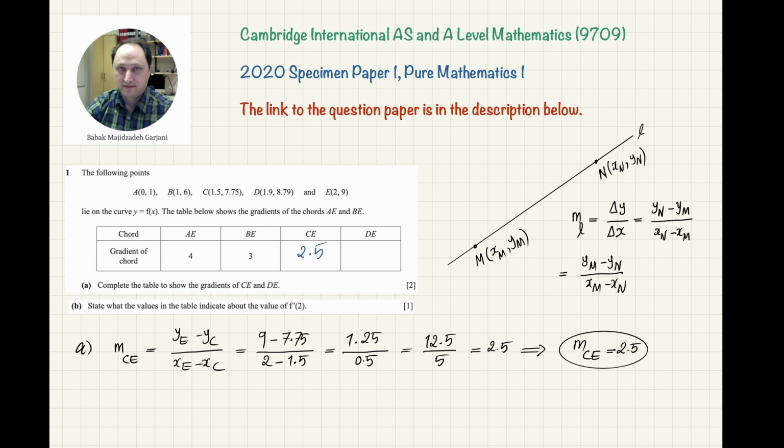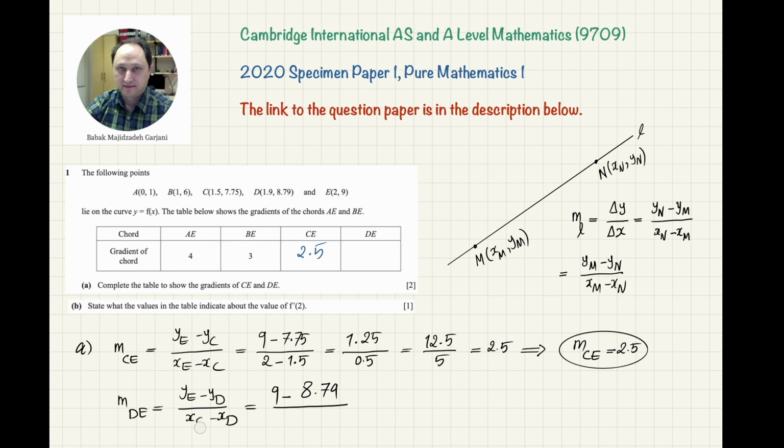Now similarly, I calculate the gradient of chord DE. So let me denote it as usual, m sub DE. It's equal to ye minus yd divided by xc minus xd. And ye is 9 as before, but yd, you can immediately see it's 8.79, divided by xc is, oh, I made a mistake here, sorry.